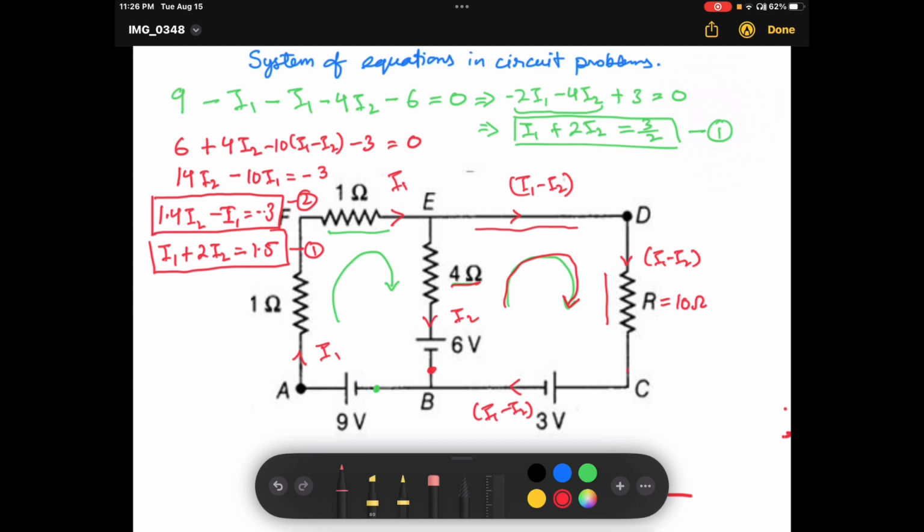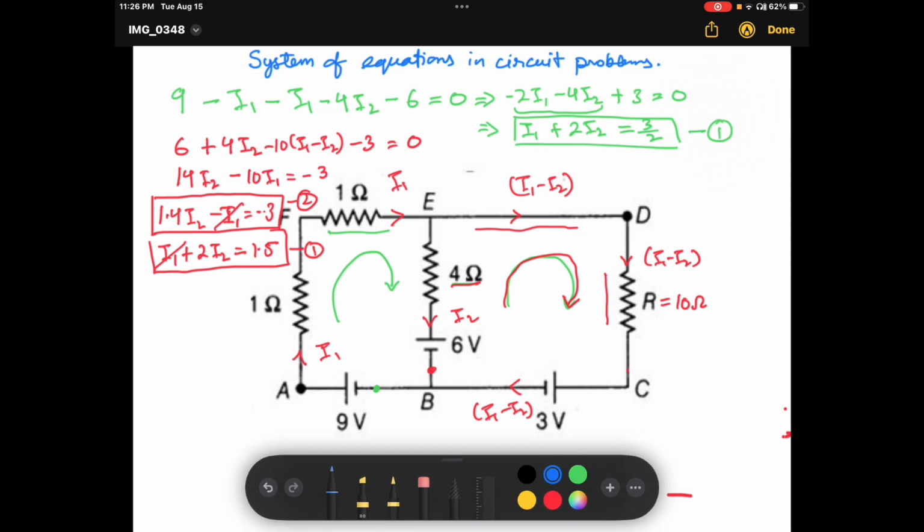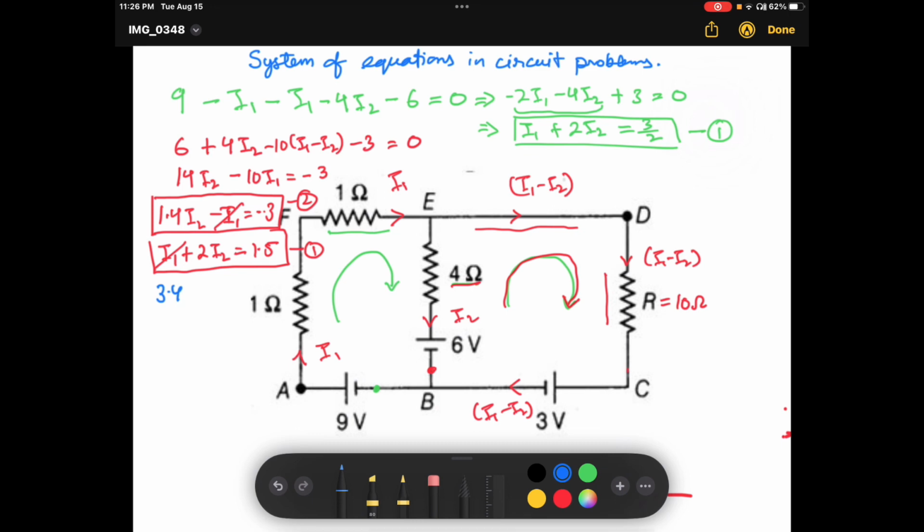So as far as I2 is concerned, 2 plus 1.4 is 3.4. I2 is equal to 1.5 minus 0.3, so 1.2. I2 is equal to 1.2 divided by 3.4, 0.35. So we got the answer for the value of I2.